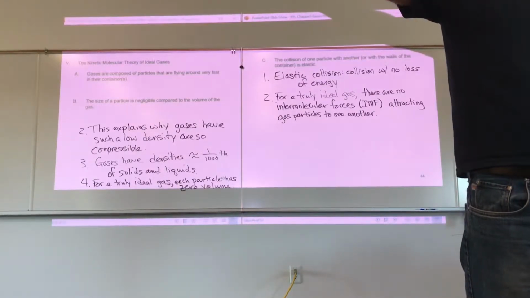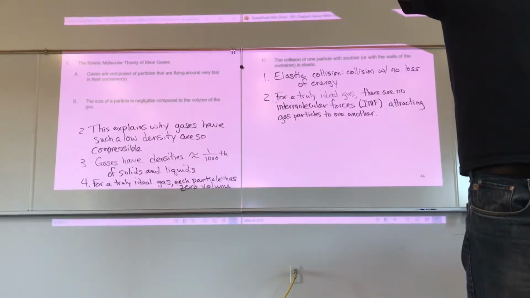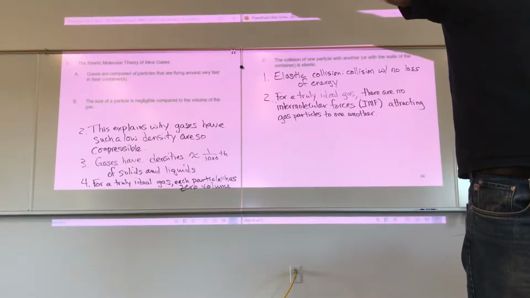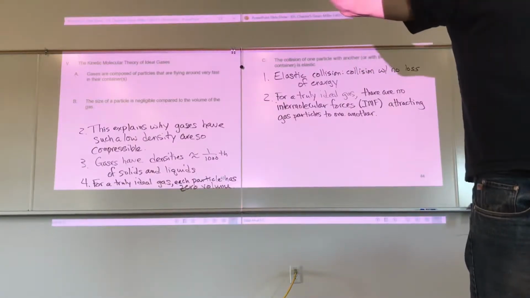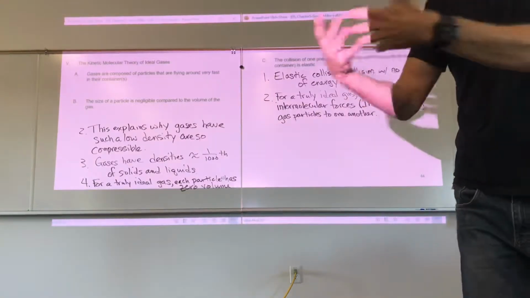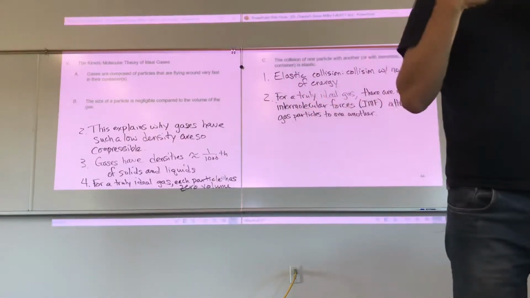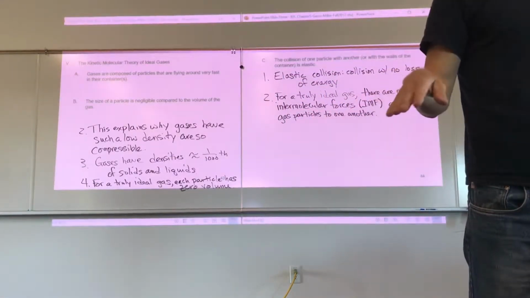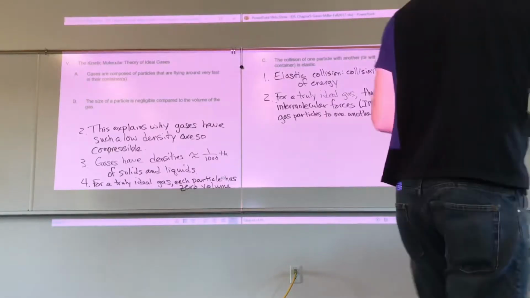But what's going to happen is the collision is going to occur so quickly that whatever force of attraction there is is negligible. And in the limit of that, for a truly ideal gas, we say there are no intermolecular forces. Okay?